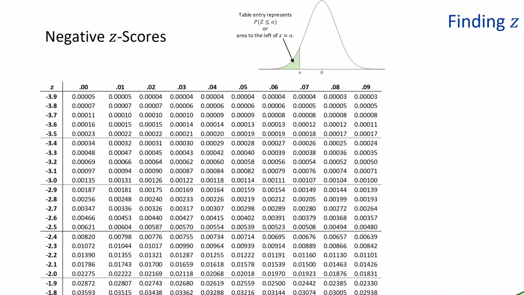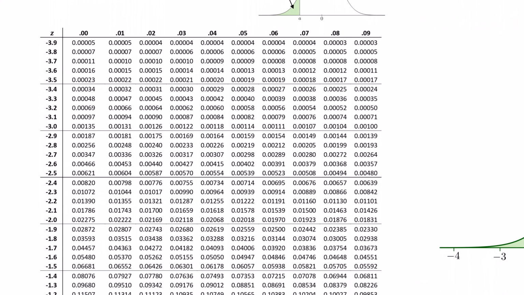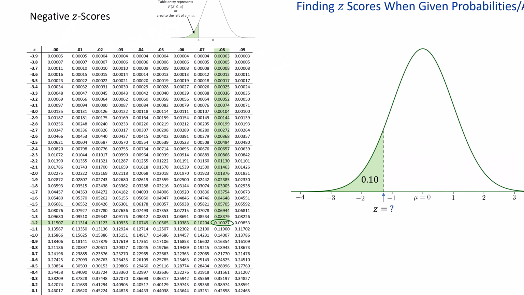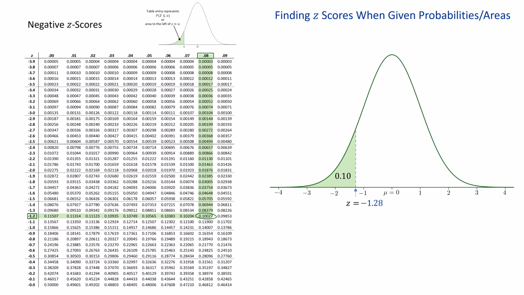Again, we're going to scan for a probability close to 0.10, and we find that 0.10027 is the closest probability, which corresponds to negative 1.28. Notice that this z-score is the negative of the z-score that we found in the previous example, and that's because of the symmetry of the normal probability distribution that I mentioned earlier in the video.